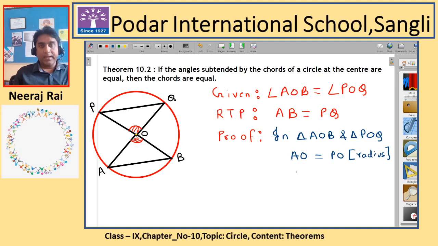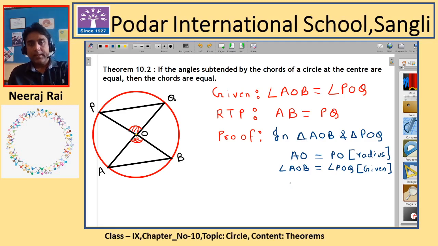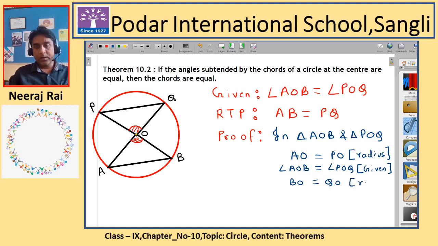Then it is given that angle AOB is equal to angle POQ. And lastly, what we know is that side BO is equal to side QO. That is also a radius. So that's why they are equal.